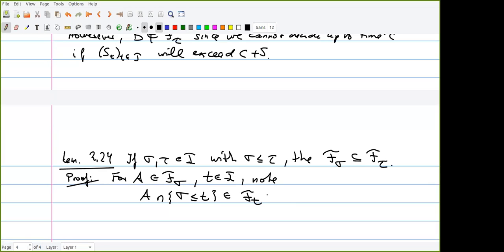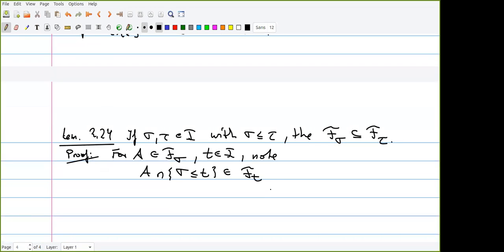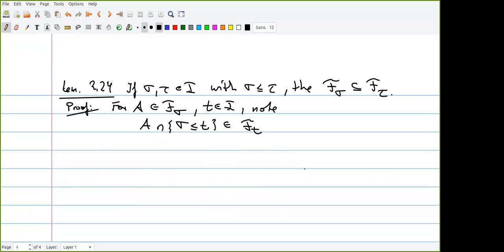This is just the definition of the sigma algebra F sigma. And the second thing we want to note is that, since tau is a stopping time, we know that the event tau being less or equal than t is in F t as well.